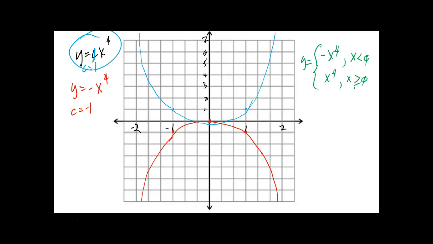Okay? Now, what will that one look like? Down here, it's going to follow the red curve for all x's less than 0. And then up here, it's going to follow the blue curve for all x greater than 0. Okay? So, you could have a piecewise defined function, especially since these two meet at 0, 0, that they could come up and do this half of this one and that half of that.